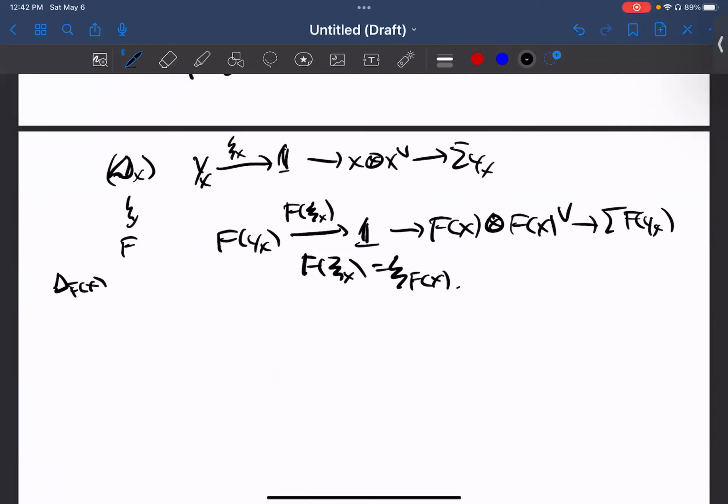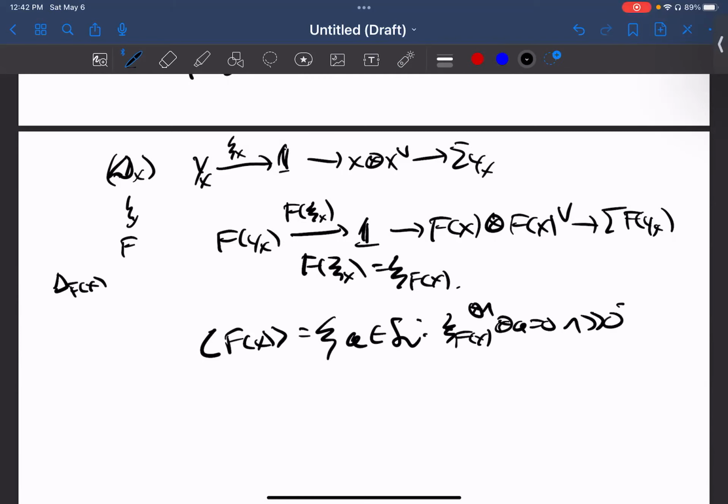And going by our condition from before, this ideal generated by f of x is the set of A in L such that f of x tensor n tensor A is equal to 0 for n much greater than 0.